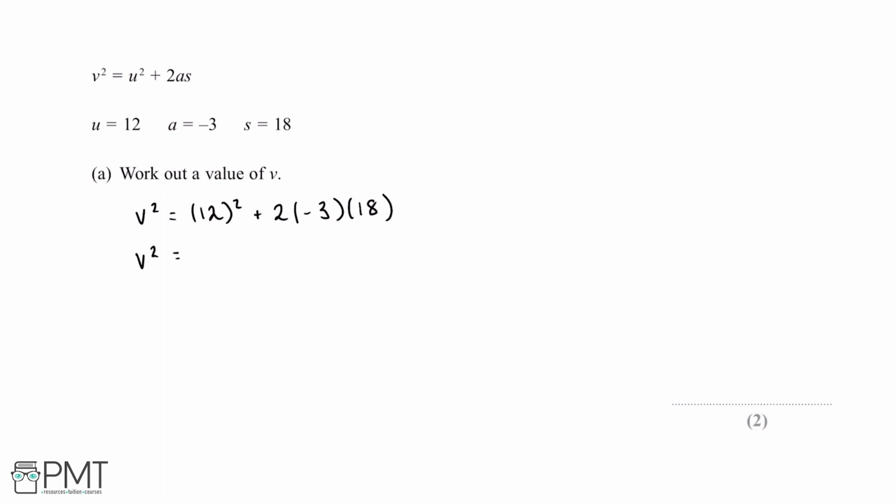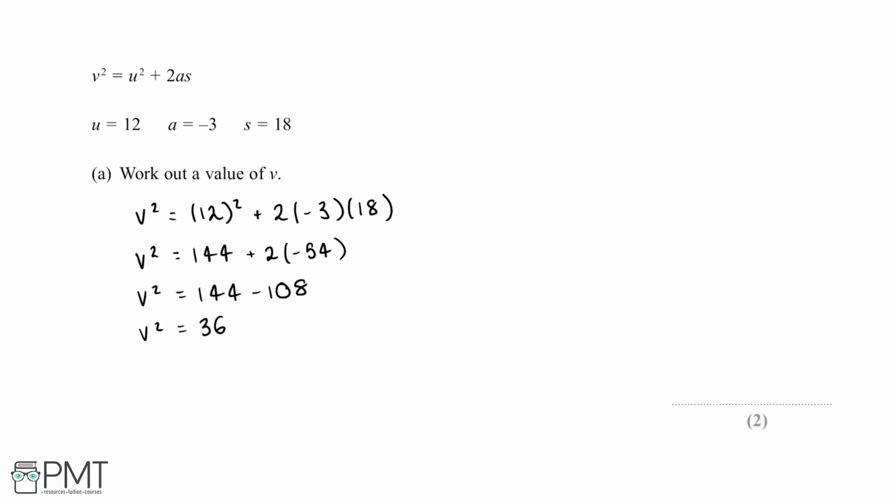So 12 squared is 144, and -3 multiplied by 18 is -54. 2 multiplied by -54 gives us -108. And then 144 minus 108 gives us 36.